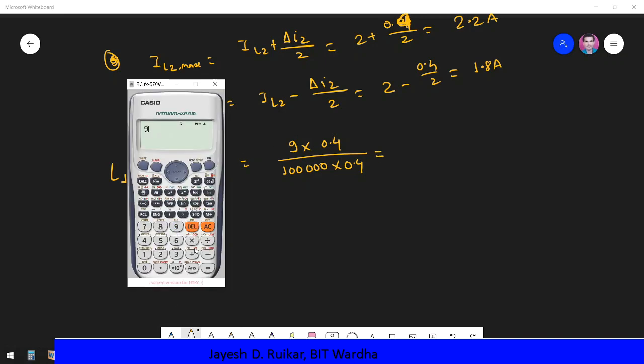So 9 multiplied by 0.4 divided by the bracket of 1 lakh multiplied by 0.4.